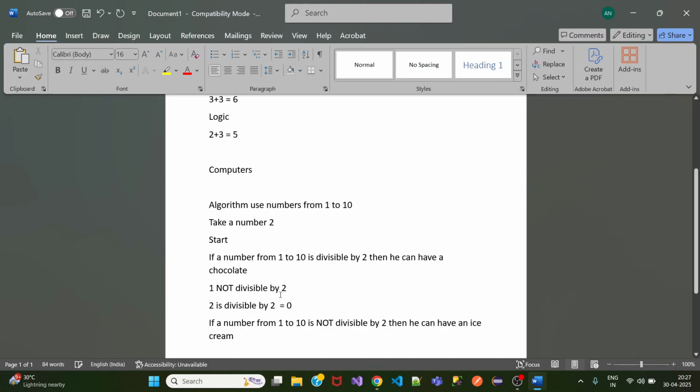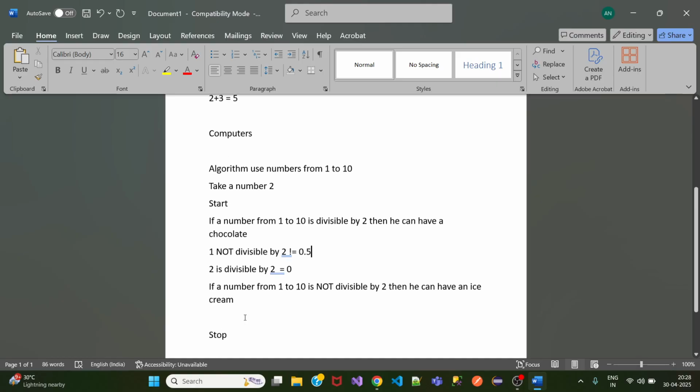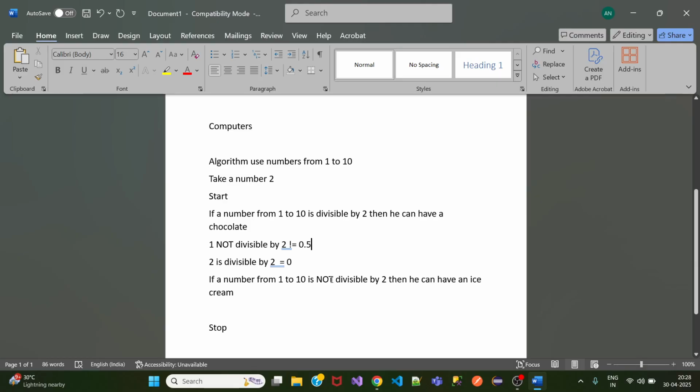Here we don't get the remainder as 0, it's 0.5, it's not a complete 0. So 0.5, decimal. So if a number is divisible by 2, he can have a chocolate. If a number is not divisible by 2, he can have ice cream.